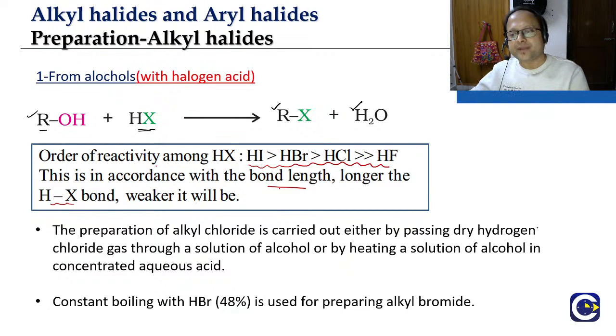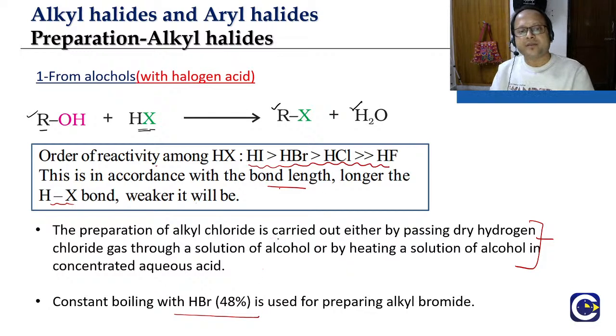So either way this can be done from the practical point of view. And as far as HBr is concerned, we always use the 48% HBr. So these are the two methods with which we can use HX while preparing your RX.